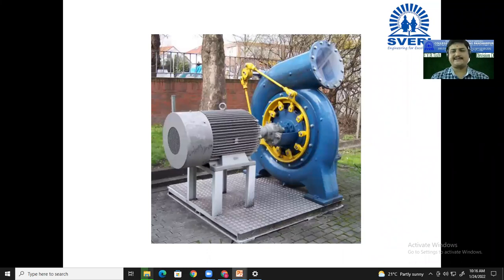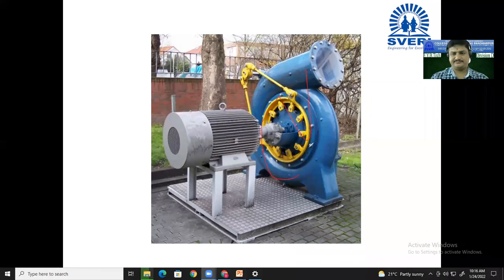So you can see the pictorial view of the Francis turbine. You can see there is a casing, and that casing is a spiral casing. It is circular in shape.